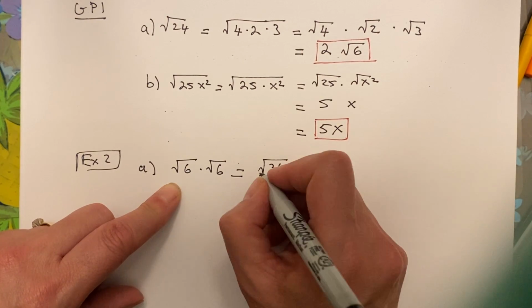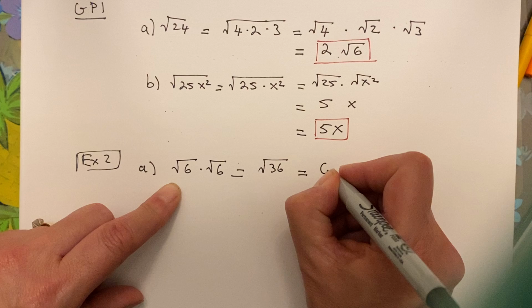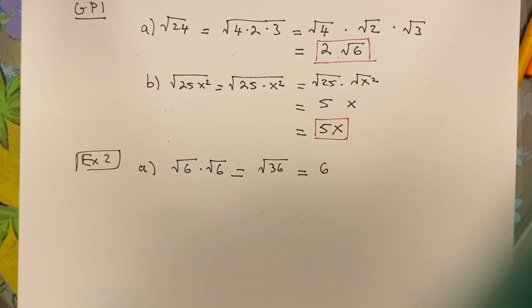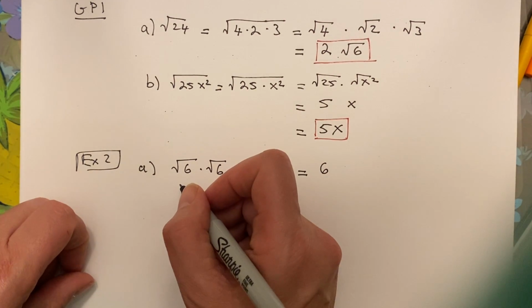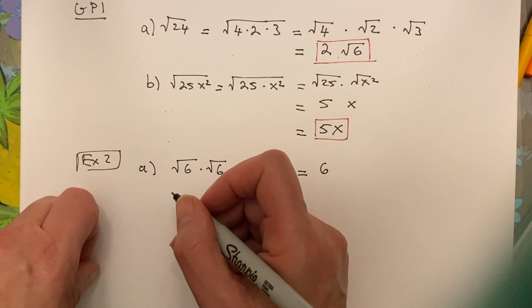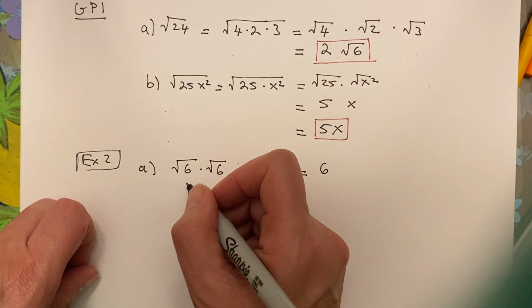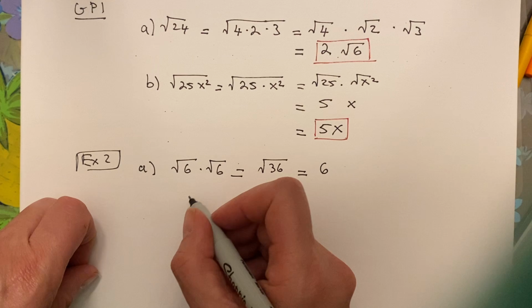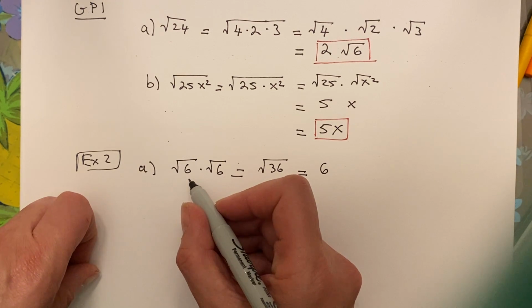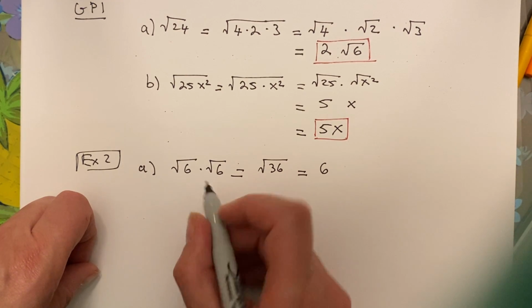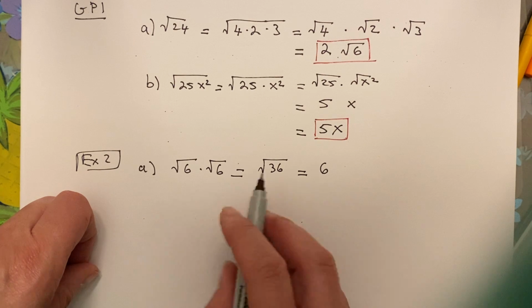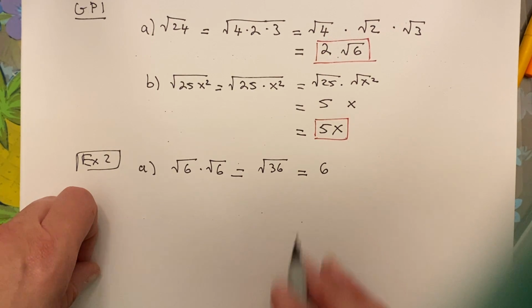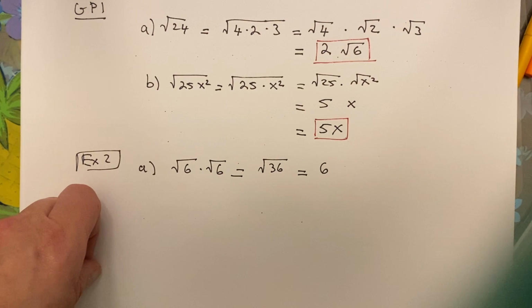And therefore, if I take the square root of 36, I now have 6. What that means is it's a pretty useful tool, and we're going to use that in day 2 of 11.2. When we want to get rid of a square root in the denominator, we are going to multiply it by the exact same square root, and then you'll see you're just going to get a regular number.